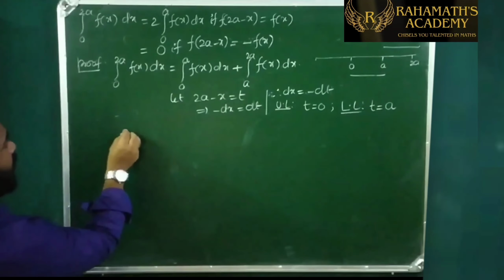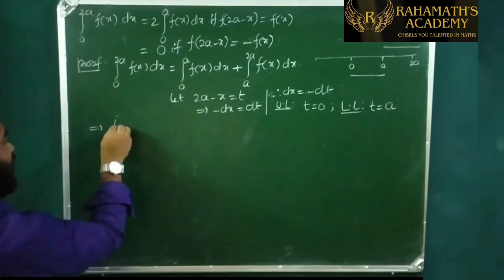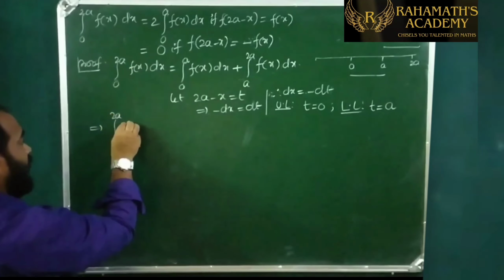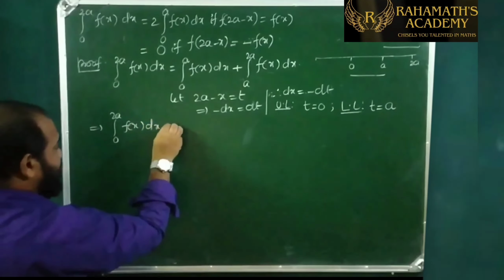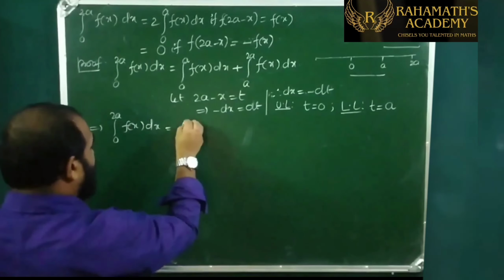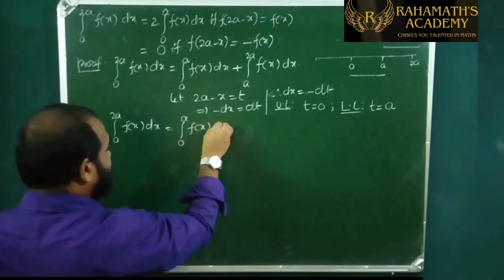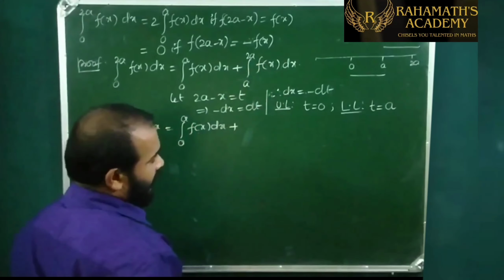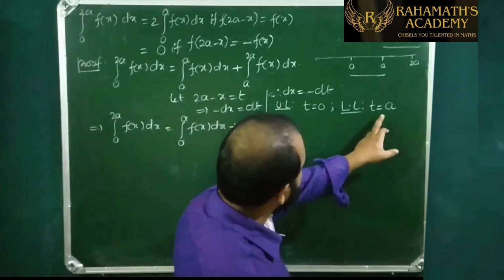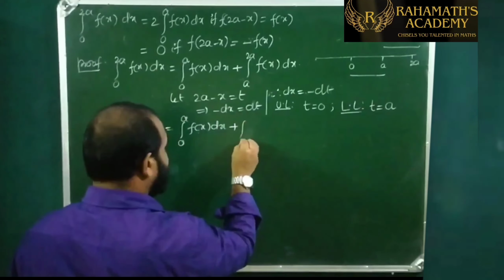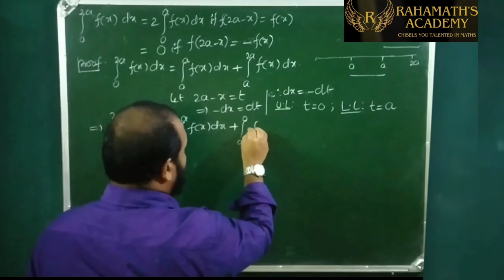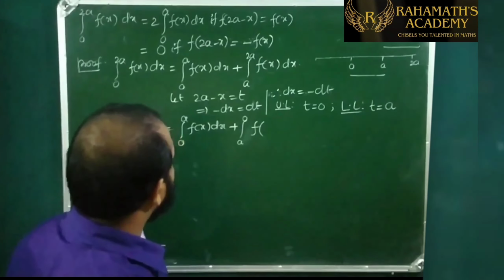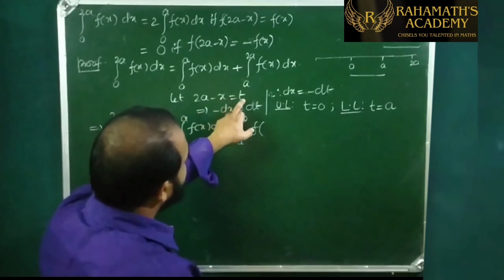Therefore, integral 0 to 2a f of x dx is equal to integral 0 to a f of x dx plus a to 2a is changed into a to 0 f of. So here 2a minus x equals t.